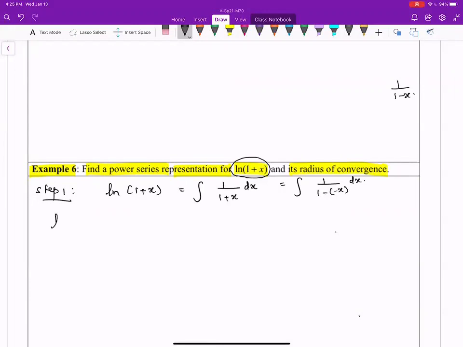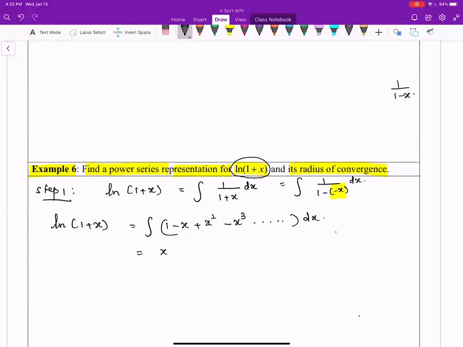So if I expand that, this now becomes a geometric series that we discussed earlier. So it is 1 minus x plus x square minus x cube, then it alternates sign. Then we are going to integrate that with respect to x.